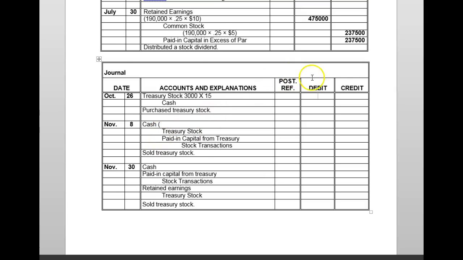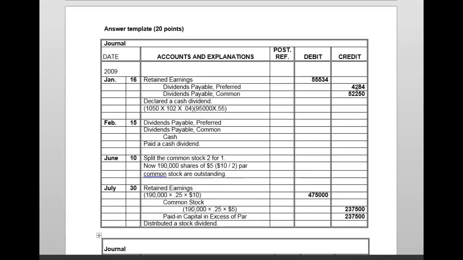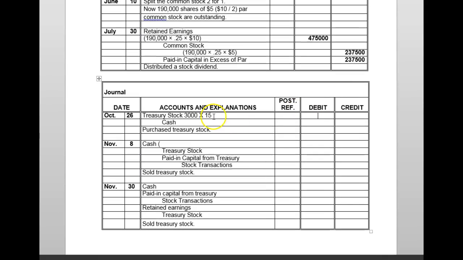Now, on November 8th, we sold 1,500 shares of the stock for $20 each. Now, this becomes very important here. We bought it for 15, so in essence, that becomes its par value. So now I'm going to sell 1,500 of them at $20. So I know what my cash is going to be. I'm going to get $30,000.